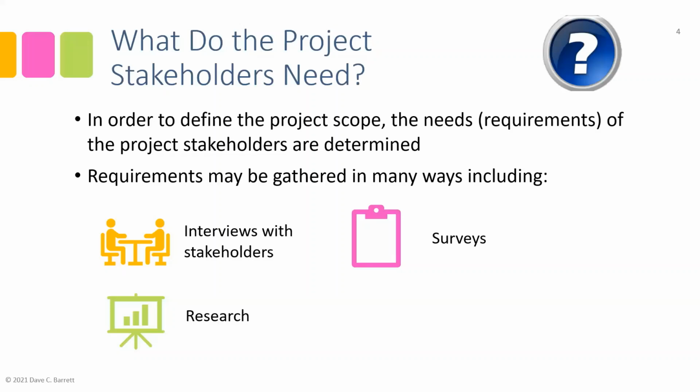That all comes under the banner of research. You can also perform focus groups. Again, if you have a large number of stakeholders that you need to get input from, it may be more appropriate to run 1 or more focus groups. So these are various ways you can collect the requirements. The bottom line is that you're gaining this information in order to plan for the scope.